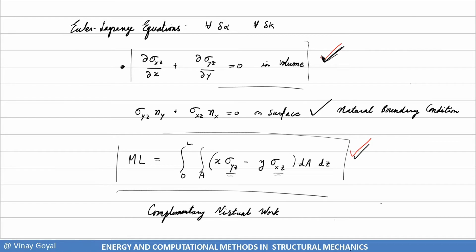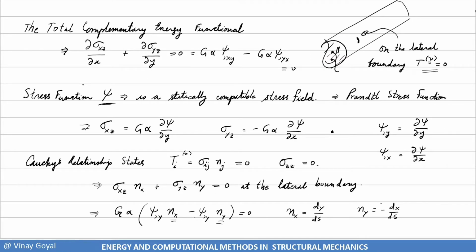But when you go to the total complementary energy functional, the Euler Lagrange equations are typically something to do with strain deflection relationships. You haven't seen that except once when I derived it in class. I derived the total complementary energy functional and I minimized it, and you saw that I got the strain deflection relationships. So the Euler Lagrange equations here are going to be strain deflection relationships, but those are the ones I'm approximating now if I were to use Rayleigh Ritz or something.